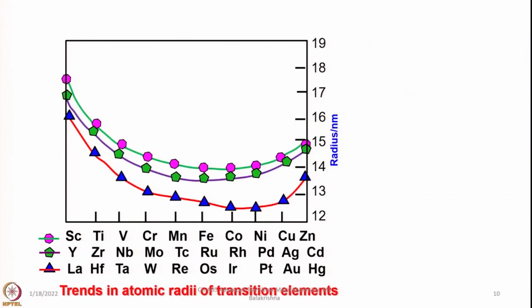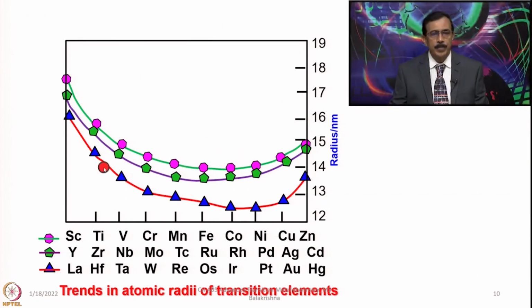You can see the trends I had mentioned in atomic radii of transition elements. You can see the atomic radii is decreasing steadily until it hits manganese and iron, and then slowly this increases. And you know that as more and more electrons are added to the same shell, what happens? Effective nuclear charge increases. As a result, valence electrons are pulled more towards the nucleus, resulting in the decrease of radii.